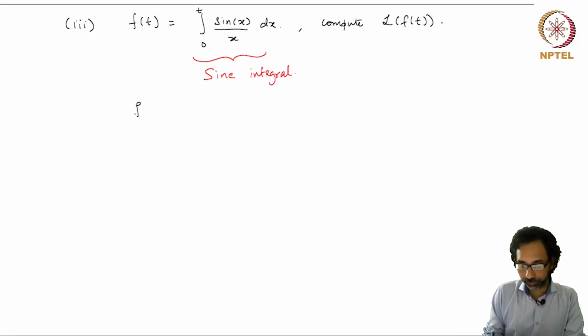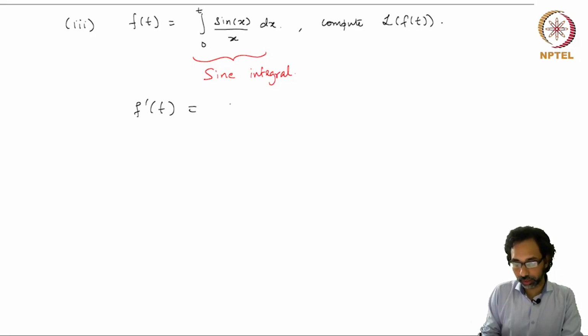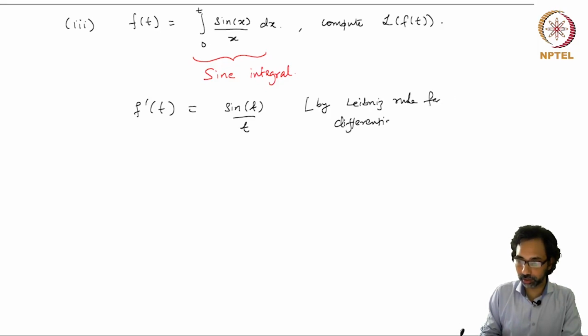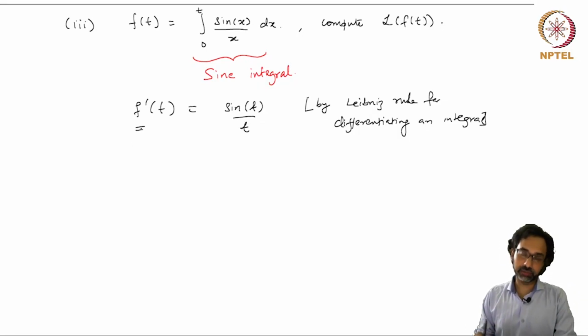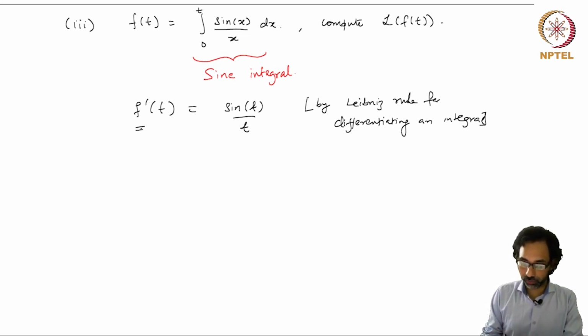We will use the fact that f prime of t is equal to simply sine t over t. This is by Leibniz rule for differentiating an integral. So we can use the derivative theorem if we know that the derivative itself is piecewise continuous on 0 to infinity.